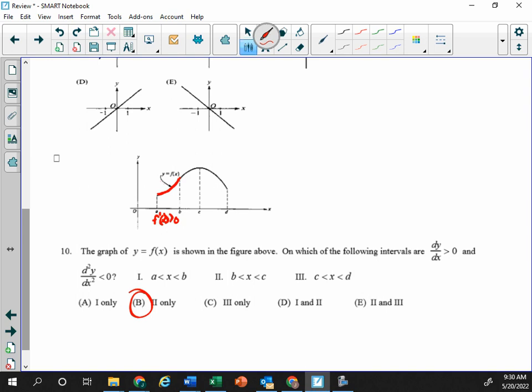Is that concave up or concave down? So that means the second derivative there is also greater than 0. We want first derivative greater than 0, but second derivative negative. So I need the other increasing part that is concave down. Okay. Do you see it? Yep. Okay. What else, guys?